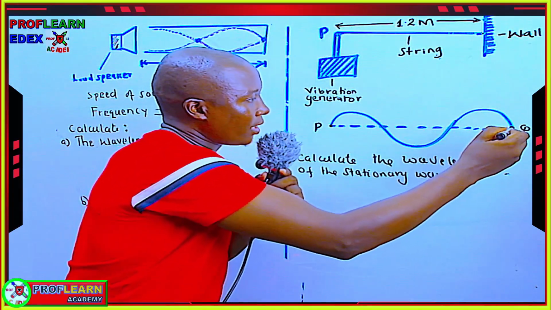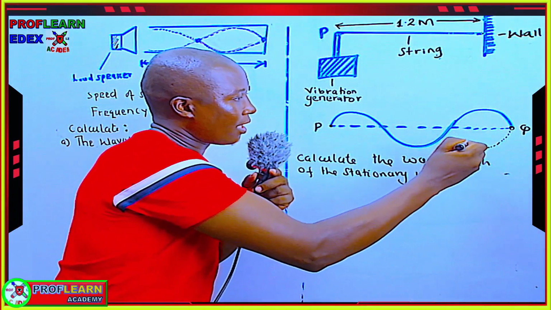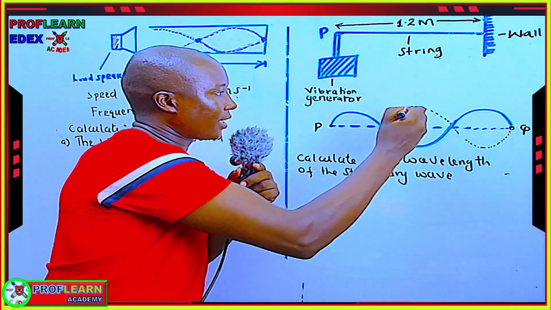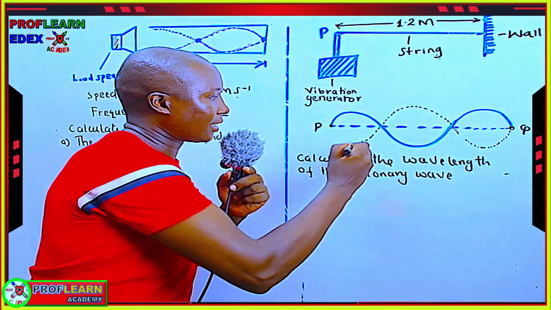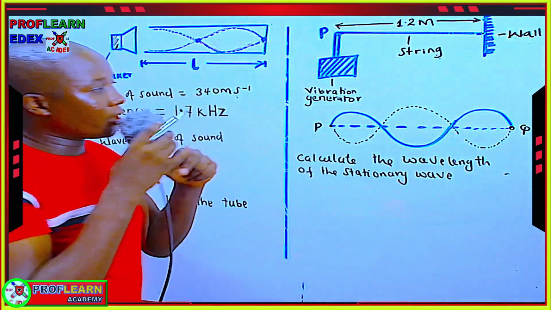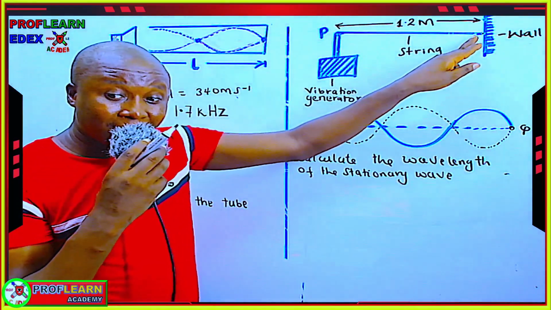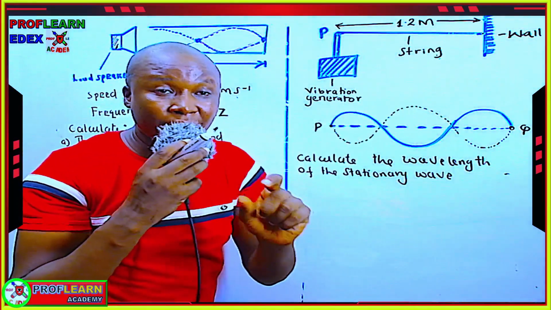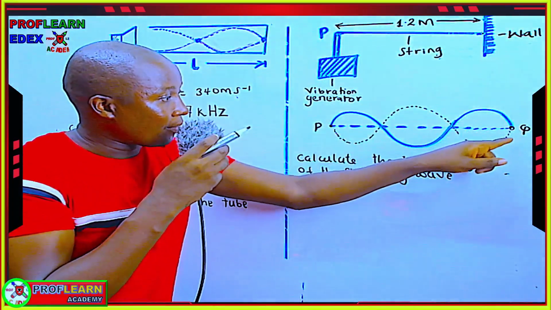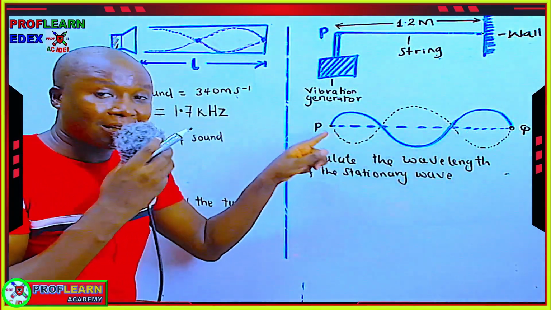Remember, the original wave was moving in that direction. Upon reaching this particular point, it is reflected from the wall, and then the wave travels back like that.